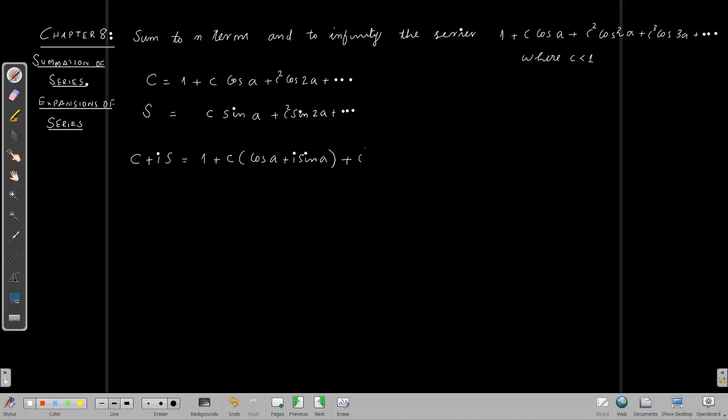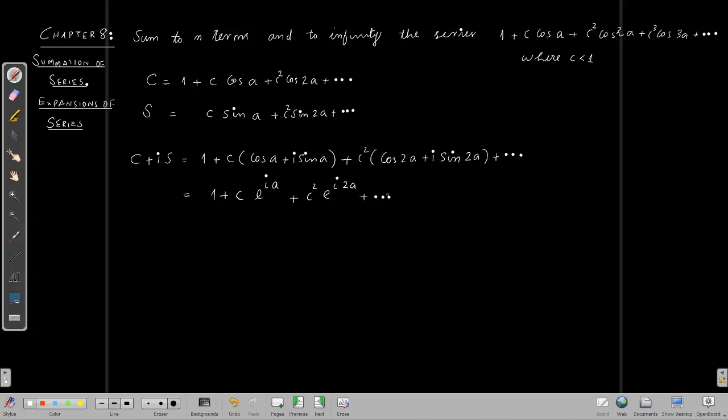In the third term, c square can be taken out, then that will be cos 2A plus i sin 2A, and so on. So this can be written as 1 plus c times e raised to iA, since cos A plus i sin A is e raised to iA, plus the second term c square times e raised to i2A, plus etc.